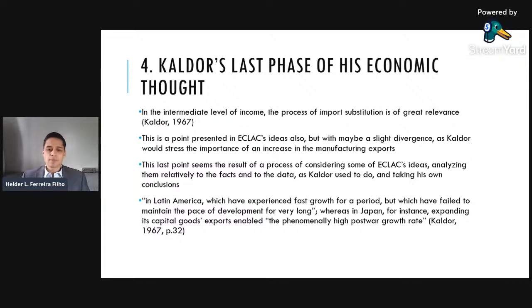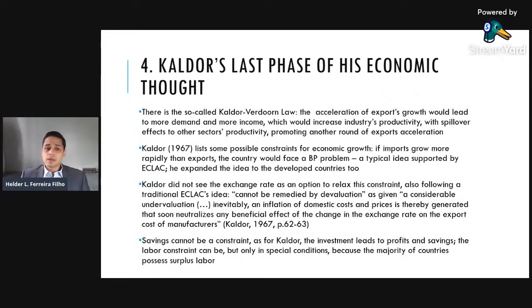This shows Calder's interest in the Latin American experience too. There is the so-called Calder-Verdoorn law: the acceleration of export growth would lead to more demand and more income, which would increase industry's productivity with spillover effects to other sectors' productivity, promoting another round of export acceleration.